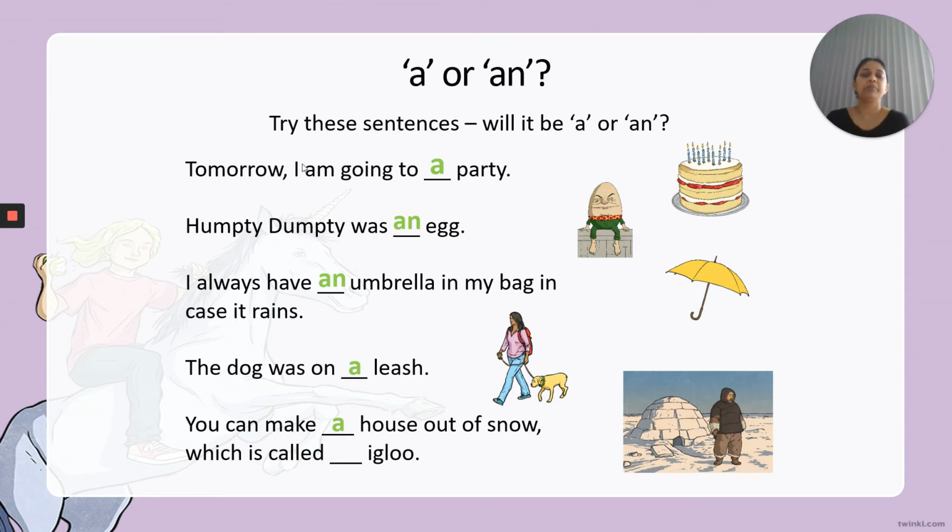It says, you can make a house out of snow, which is called an igloo. Okay, so igloo, for those of you who don't know what an igloo is, if you go to a place in Antarctica where it's full of ice and snow, it is a house that is made out of snow. Okay?